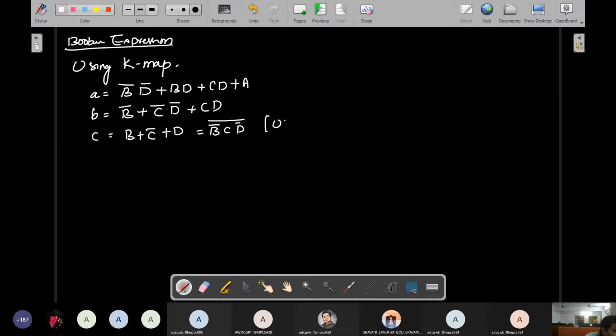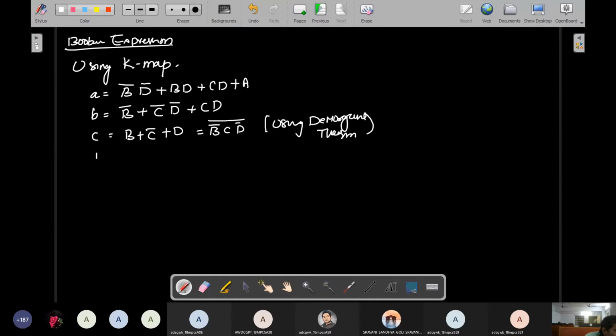Using De Morgan's theorem, you can write B plus C bar plus D as B bar C D bar whole bar.